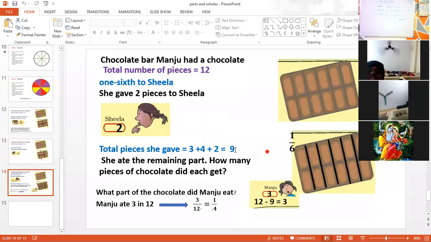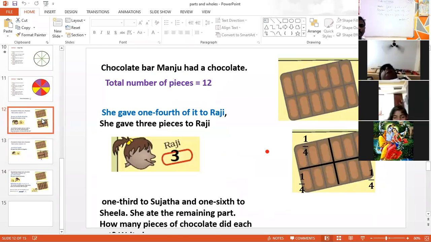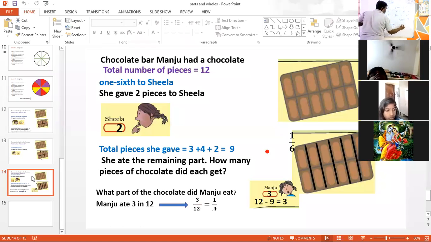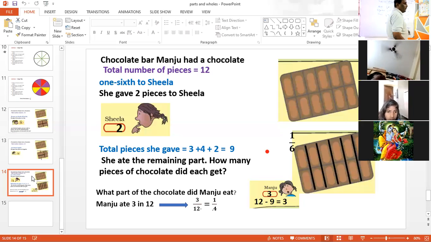The remaining is for Manju. 12 minus 9 is 3. She only ate 3 pieces.